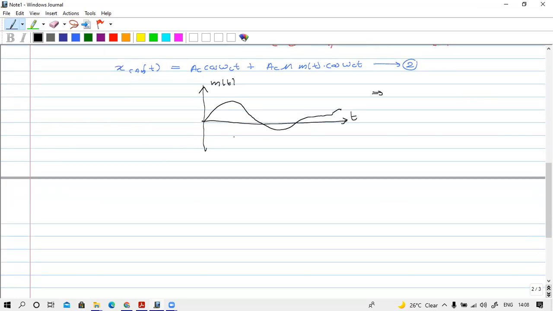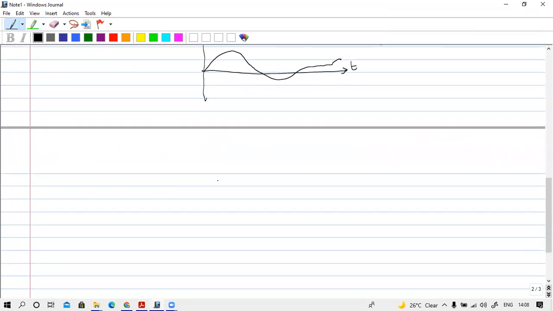You know that normally the carrier signal, let's say this is our carrier signal.